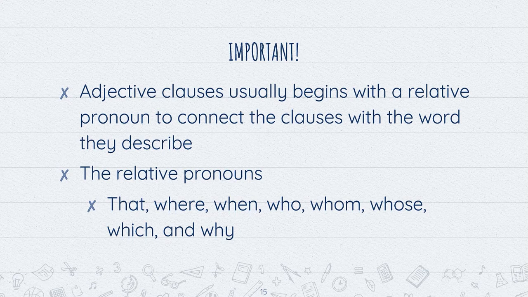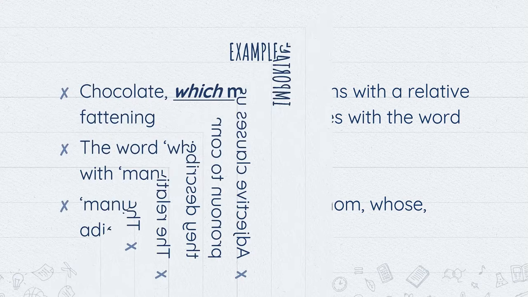So you may see in the previous example that I already showed to you, if I'm not mistaken, I wrote "hamburger, which most people like", that I use the relative pronoun "which" to connect between "hamburger" and "most people like".